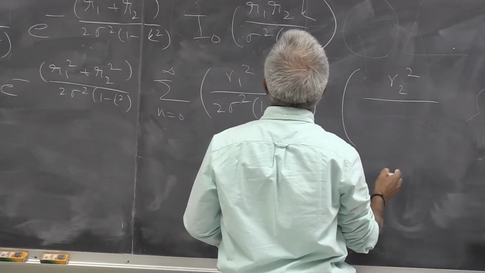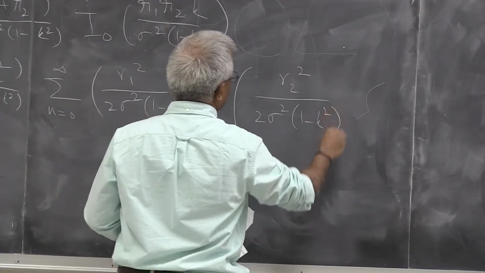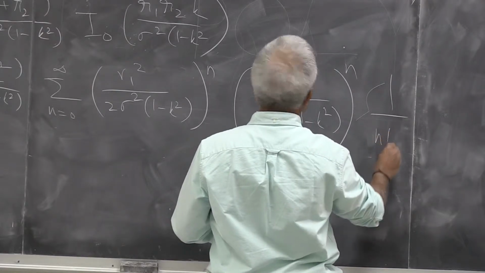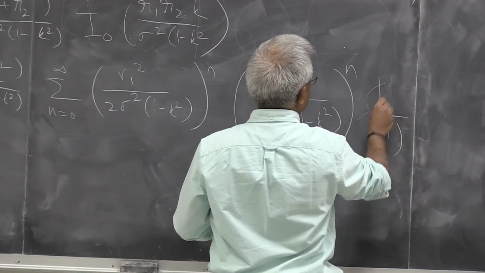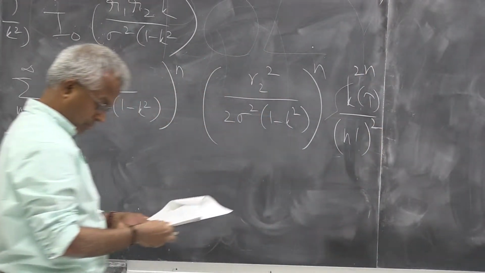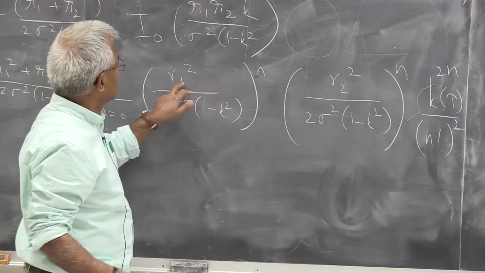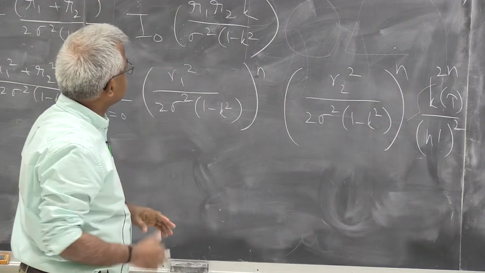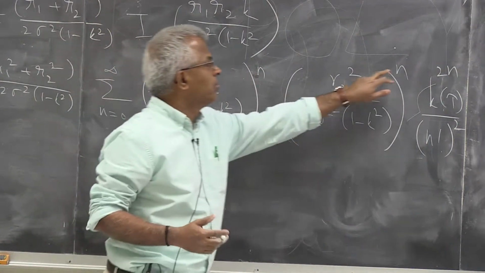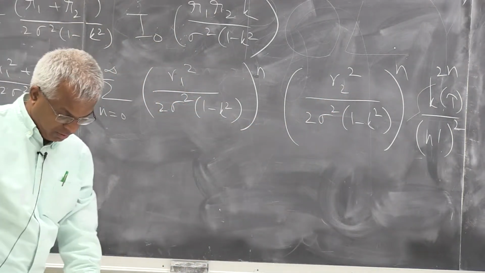R2 squared over 2 sigma squared, 1 minus k squared. So we had R1 to the power 2n, which is here, and 2 to the power 2n I have absorbed here: 2 to the power n here, 2 to the power n here, and all the other terms are there.